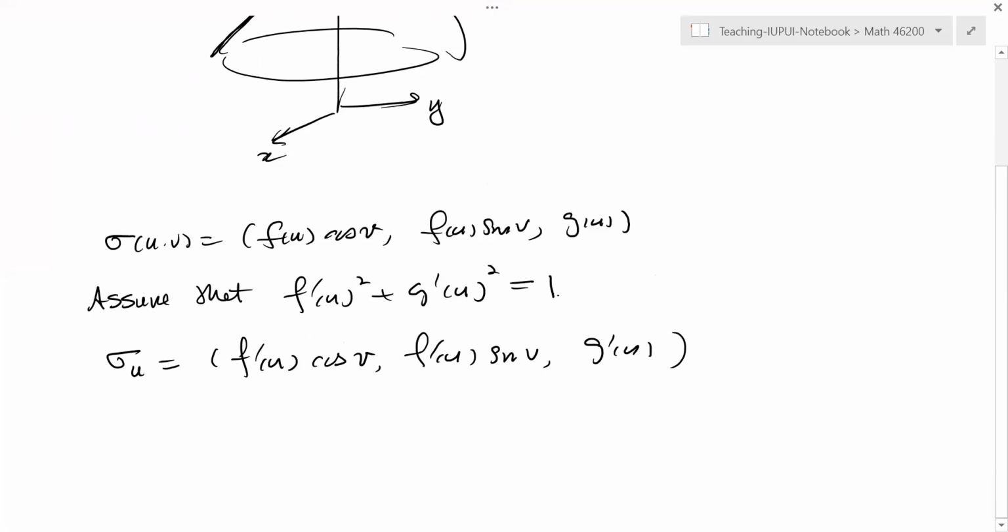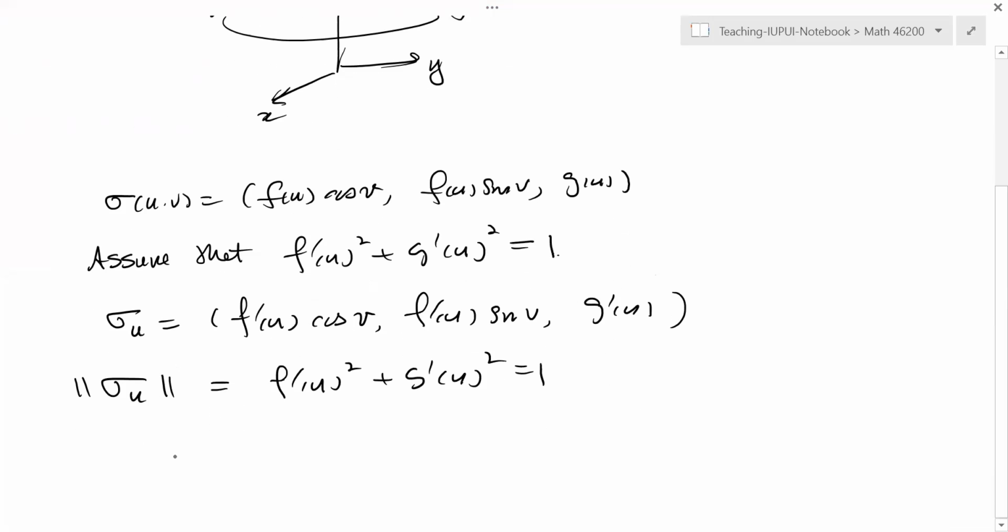Then you find the length of this is going to be f prime u squared plus g prime u squared, which equals 1. So every such curve for fixed v, we call the meridian. The meridian has unit speed.